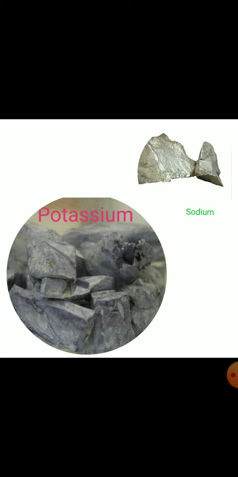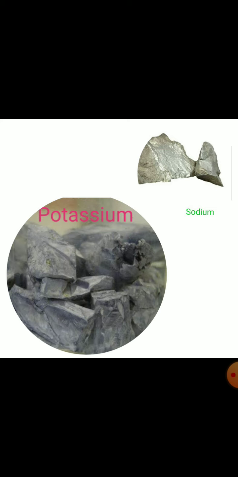Metals like potassium and sodium react violently with cold water. In the case of sodium and potassium, the reaction is so violent. Violent means it is so strong and exothermic. What is the meaning of exothermic? We have already studied this in chapter number 1.